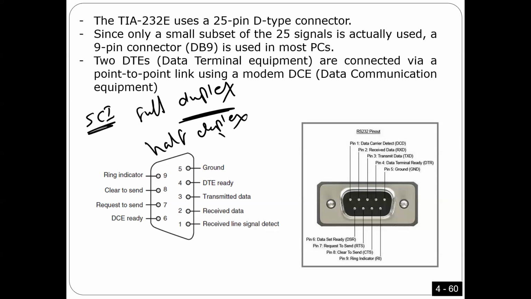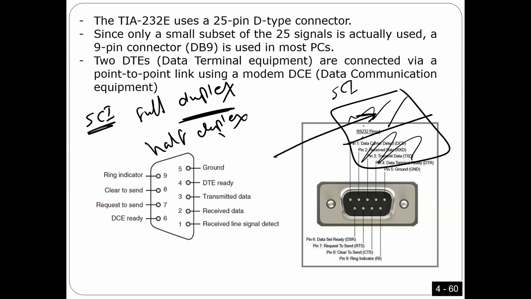However, our SCI is full duplex. That means if you look inside the SCI circuit, we have 2 parts: 1 part for receiving, 1 part for transmission. That's why we can transmit and receive at the same time, because the circuit has two parts, 1 for transmit, 1 for receive.